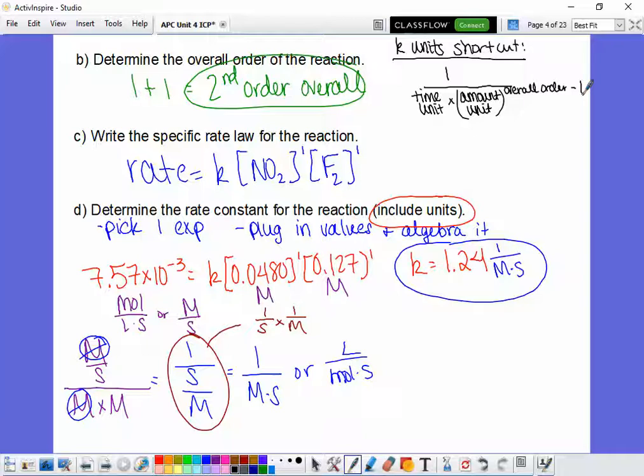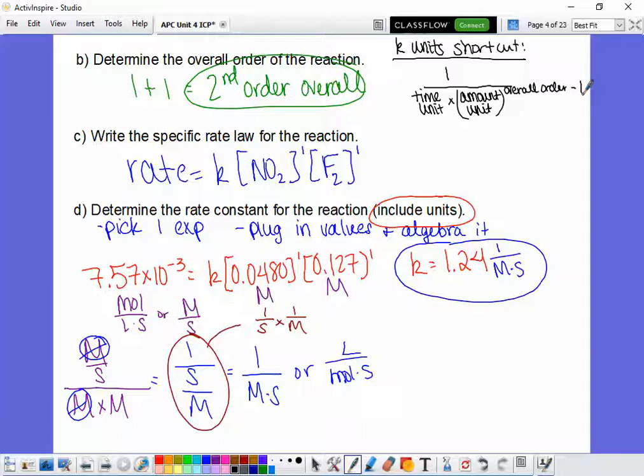Not all of our time units will be seconds. You want to look at your rate to figure out what unit of time we have. Sometimes it's hours, sometimes it's minutes, days, years, millennia, whatever. Amount unit, for this problem, that's concentration. For the next one, it's partial pressure.